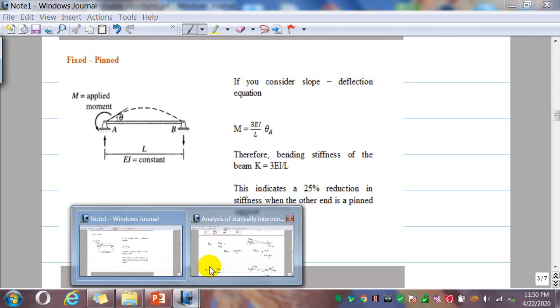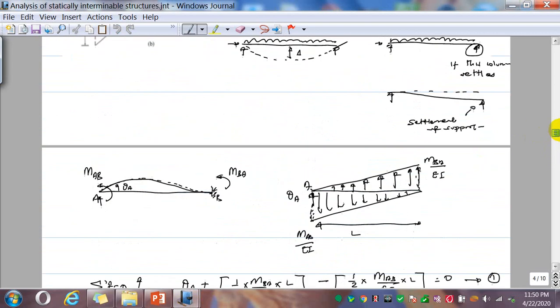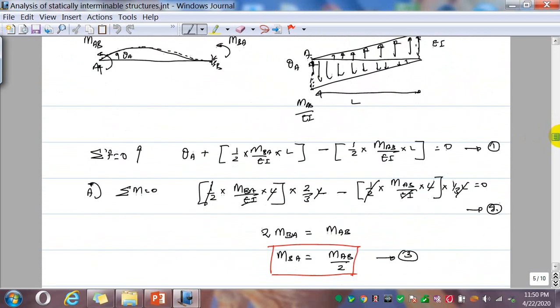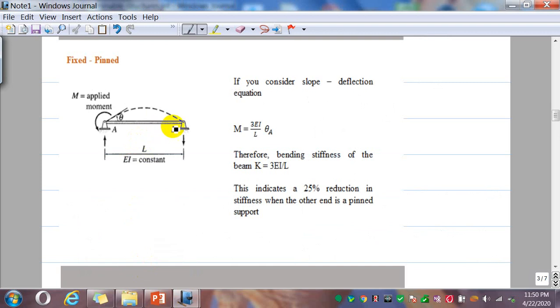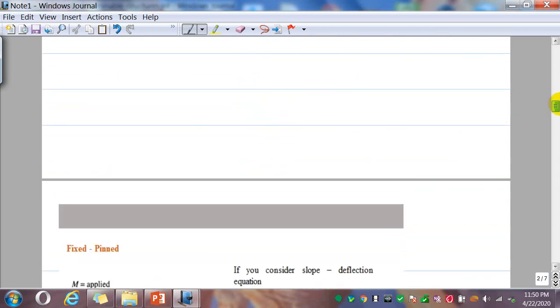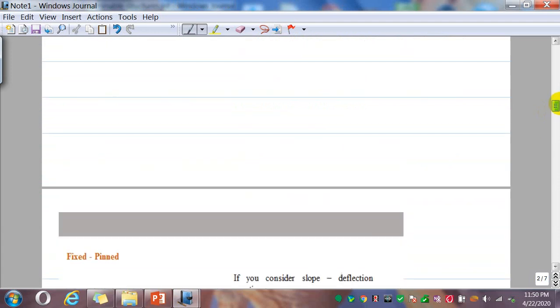Now if you recall what we did, we took this beam and applied a moment like this. Now if I do a similar solution to this, let me take this space.